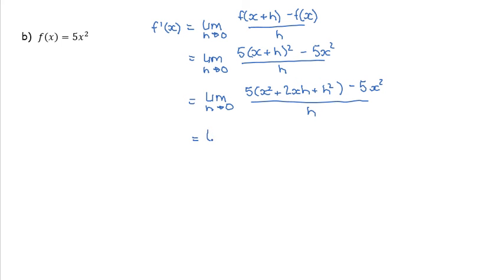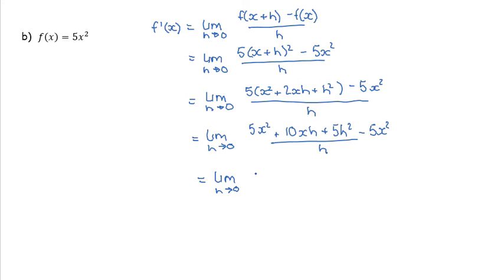And continue to simplify. So limit as h tends to 0, 5x squared, and we'll see the 5x squareds are going to cancel here, plus 10xh plus 5h squared minus 5x squared all over h. Continuing on, limit as h tends towards 0.